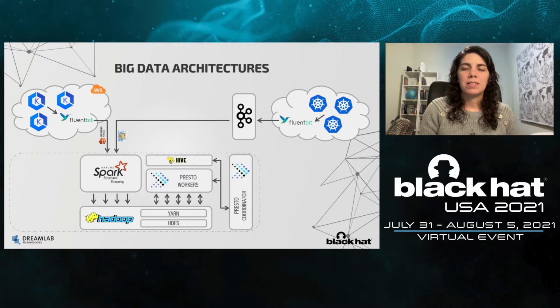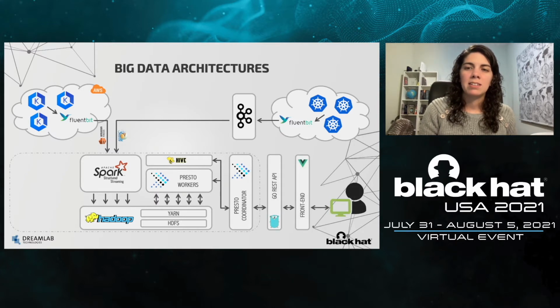Or instead of Presto, we could use Impala, Druid, or any other technology for interactive queries against Hadoop. If we are developing our own software to visualize the information, then we will probably have an API talking to the Presto coordinator and a nice frontend.